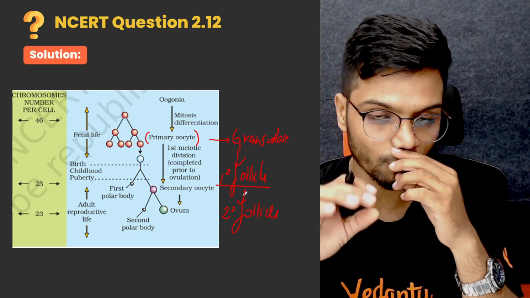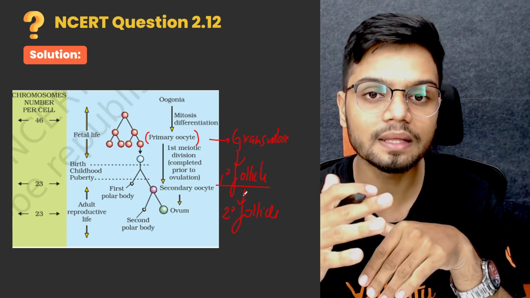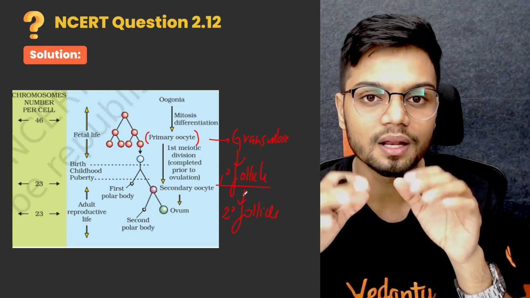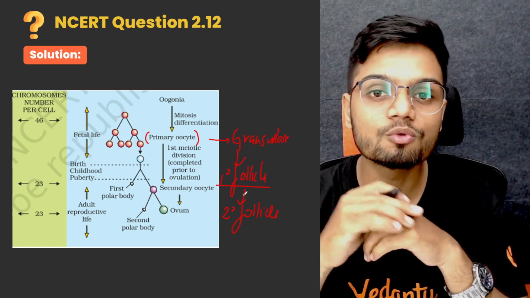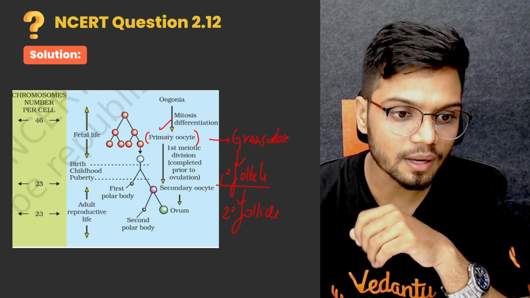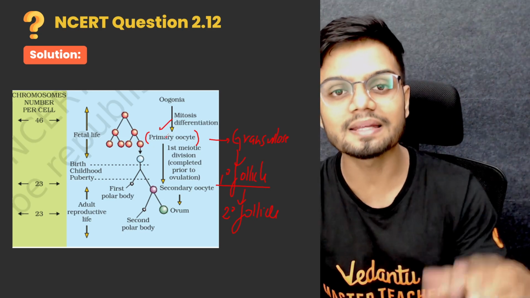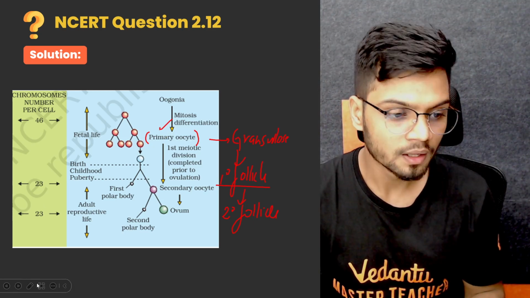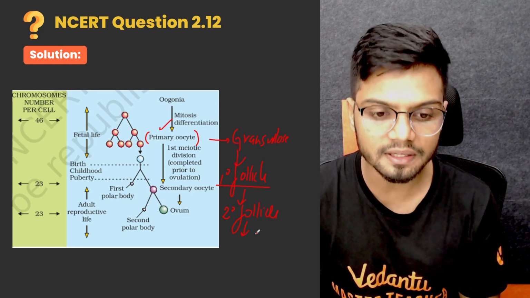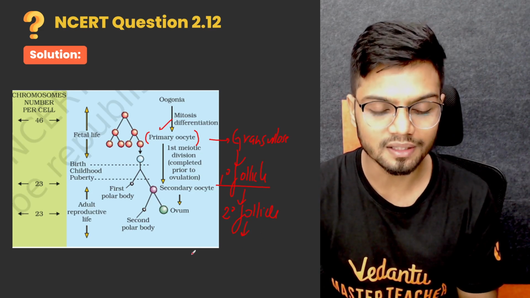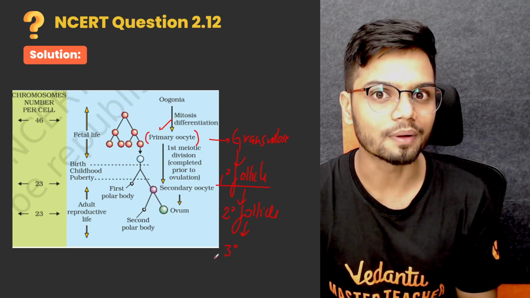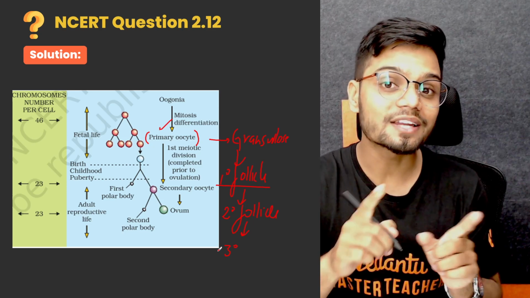One thing to be noted here: both the primary as well as the secondary follicle have the primary oocyte present inside. Now the secondary follicle forms a fluid filled cavity and a new theca is found, and that is called the tertiary follicle.